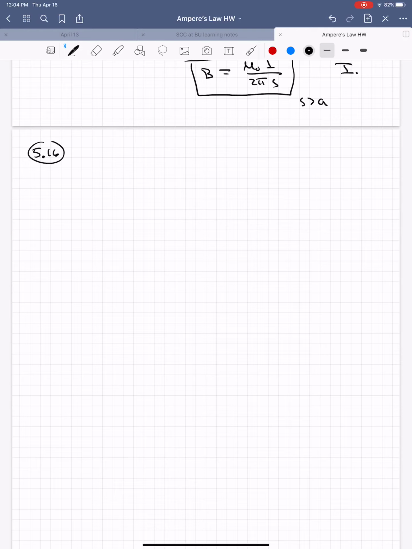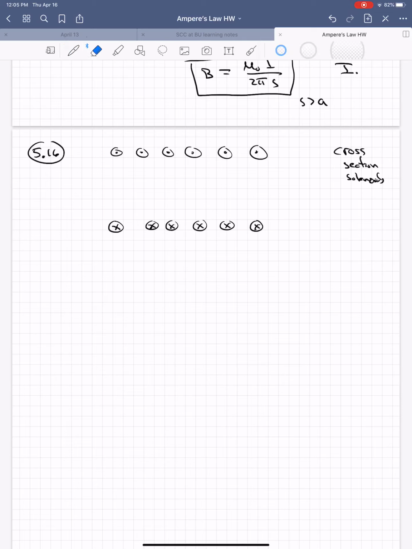So if I do it as a cross-sectional view, I have a big solenoid that is carrying current out at the top of the page and in at the bottom of the page. And then inside of this solenoid, I have another solenoid for which the current is going in the opposite direction.